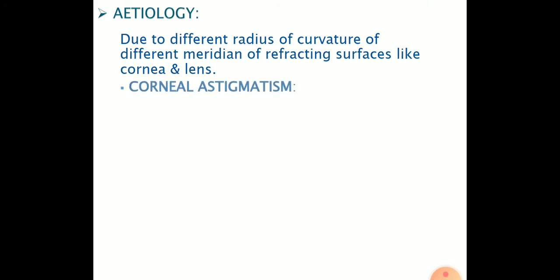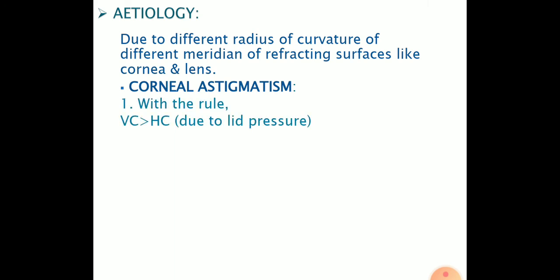Corneal astigmatism: with the rule astigmatism, where vertical curvature is greater than horizontal curvature due to lid pressure. Against the rule astigmatism, where horizontal curvature is greater than vertical curvature.